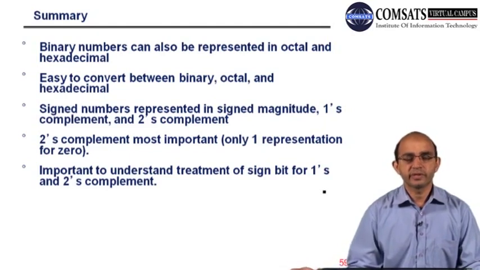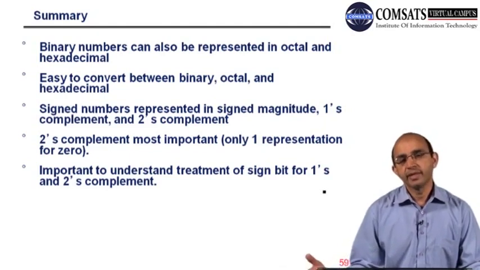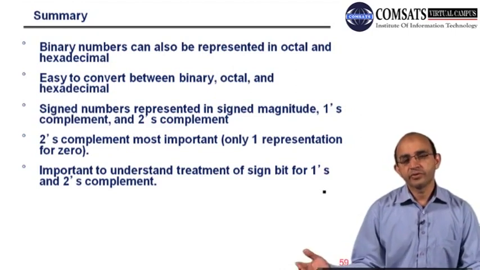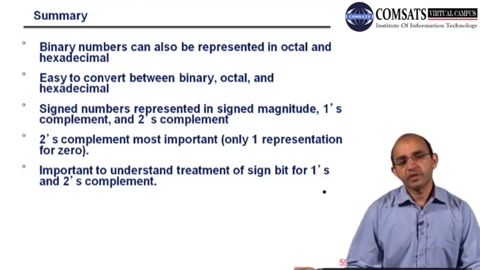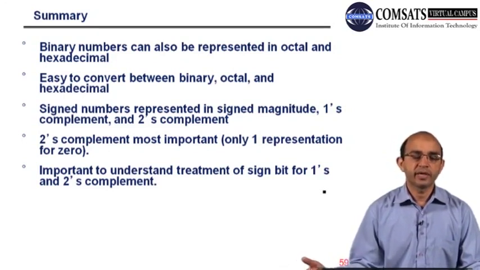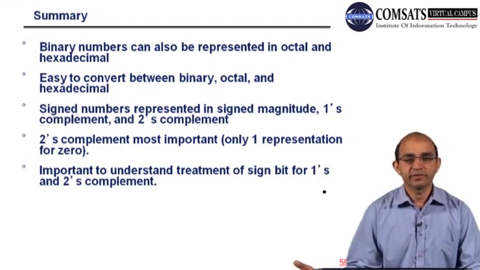So we have different mechanisms. First we discussed the ones complement, and then we talked about the twos complement. Whenever we want to represent a negative number, we take the twos complement of that negative number. So instead of performing the subtraction, what we normally do is add the two numbers. For example, we have two numbers, A, that is a positive number, and another number, B, that is a negative number.